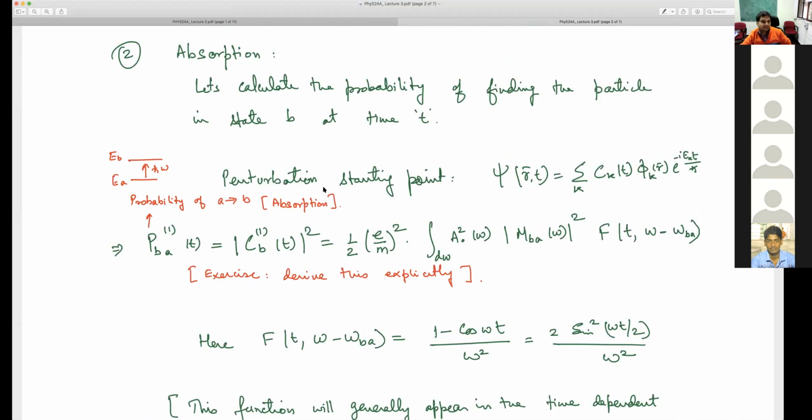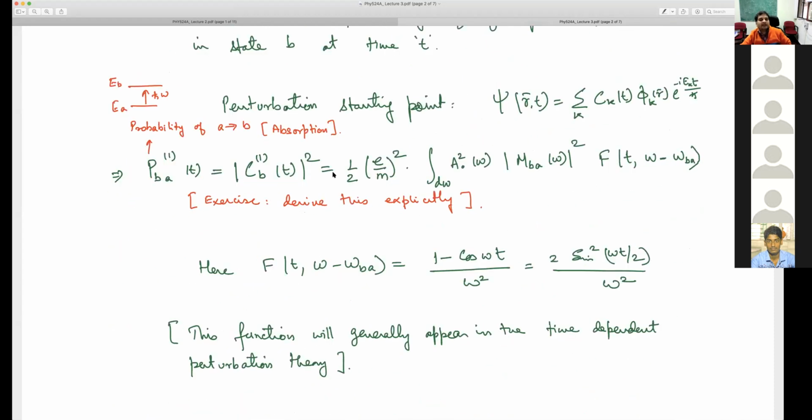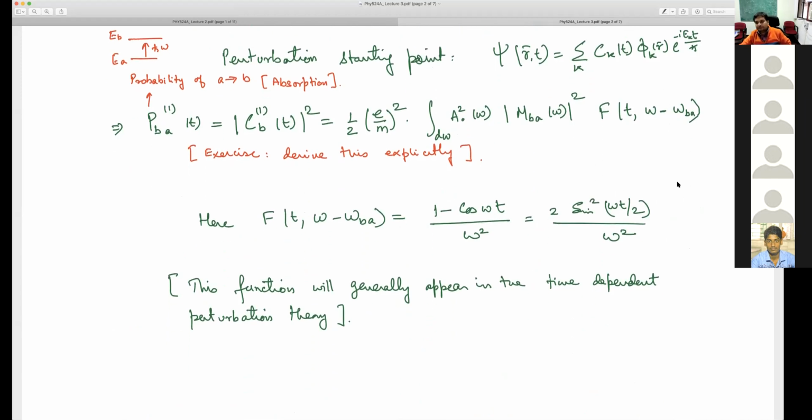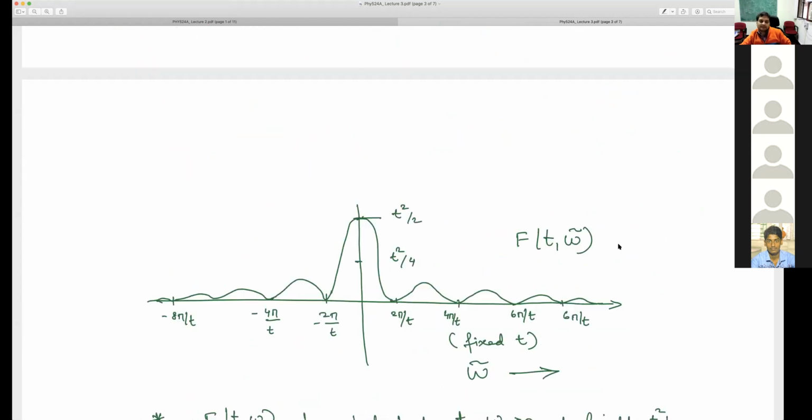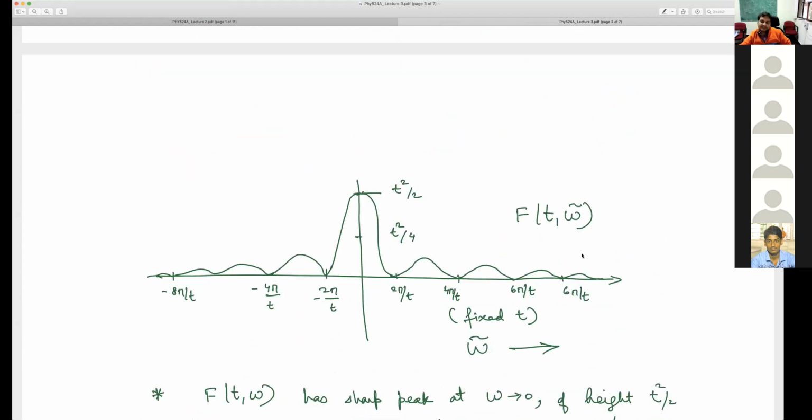I skipped some algebra, and I get this nice function f_t of omega tilde, which goes as sine squared of omega tilde t by 2 divided by omega tilde squared. The function looks like this. In the large time limit, it becomes a delta function with the amplitude of pi t.